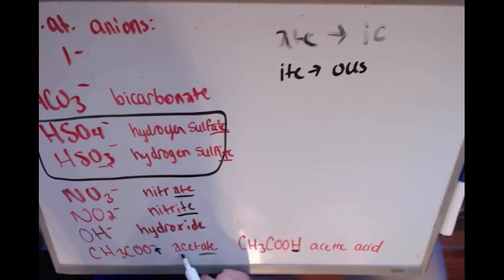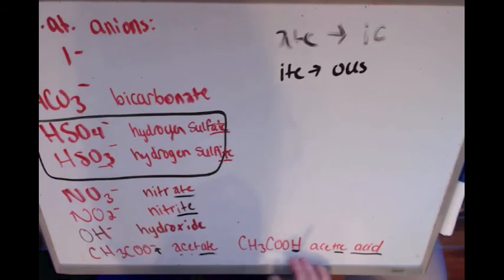And this is called acetate. But when we add that H right there, it becomes an acid, and that ate turns into ic. So this is acetate, CH3COO minus, and this is acetic acid, CH3COOH. And if it helps you remember, you can just say CH3coo. So there's a little tidbit there.